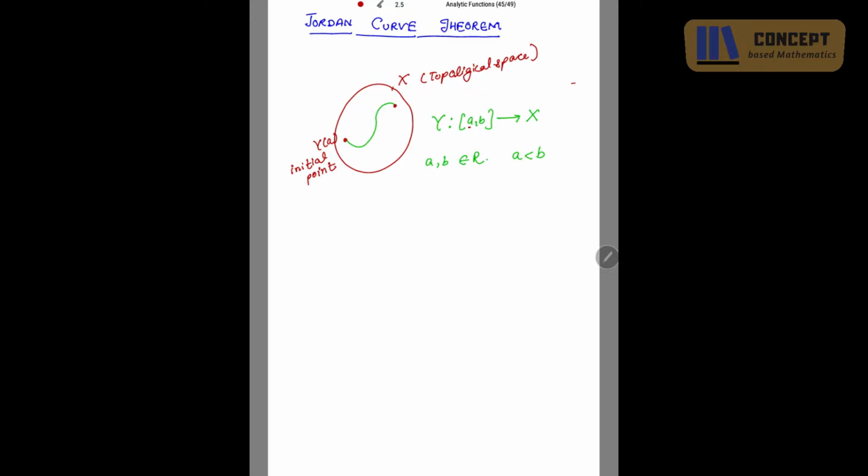And the value of gamma at b is your final point or terminal point. That is the ending point of the curve, and the curve is said to join these two points.